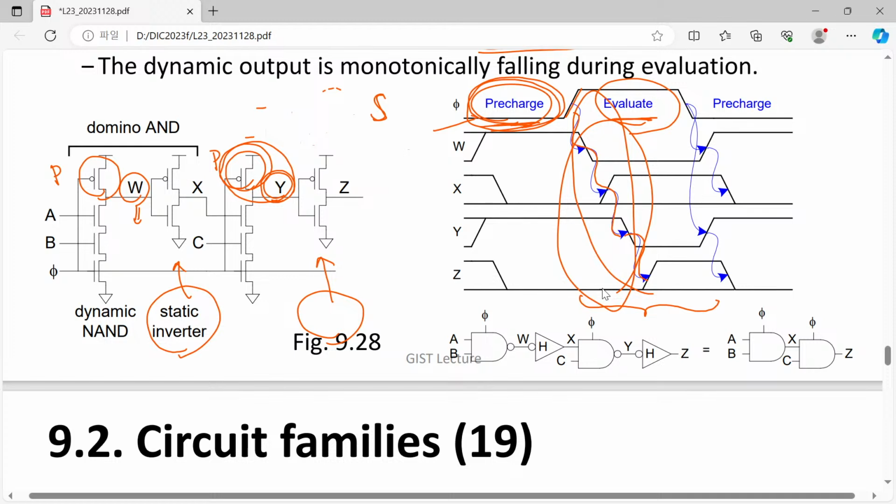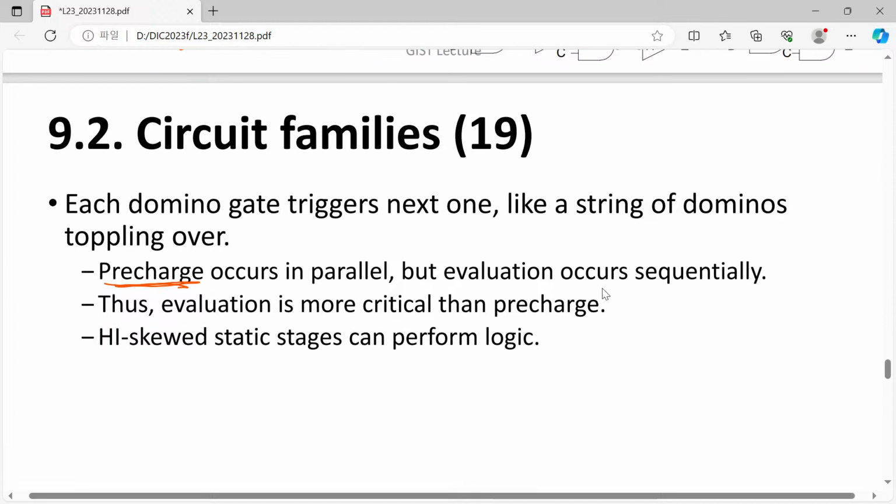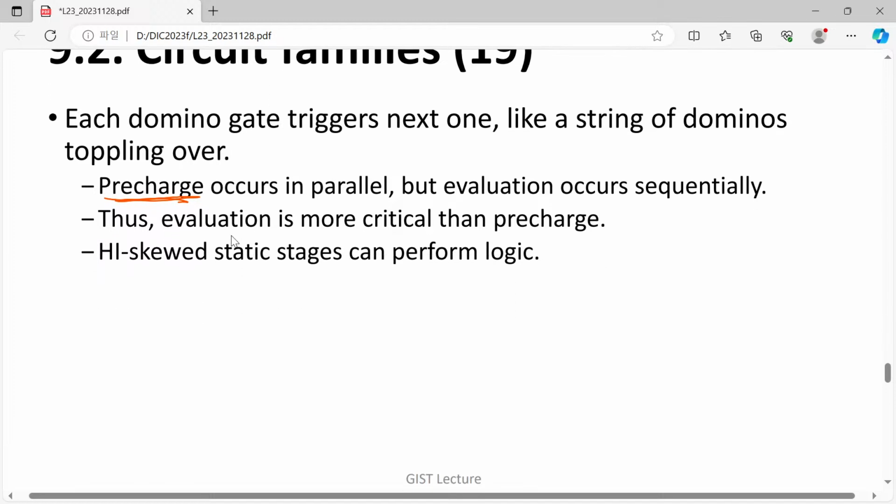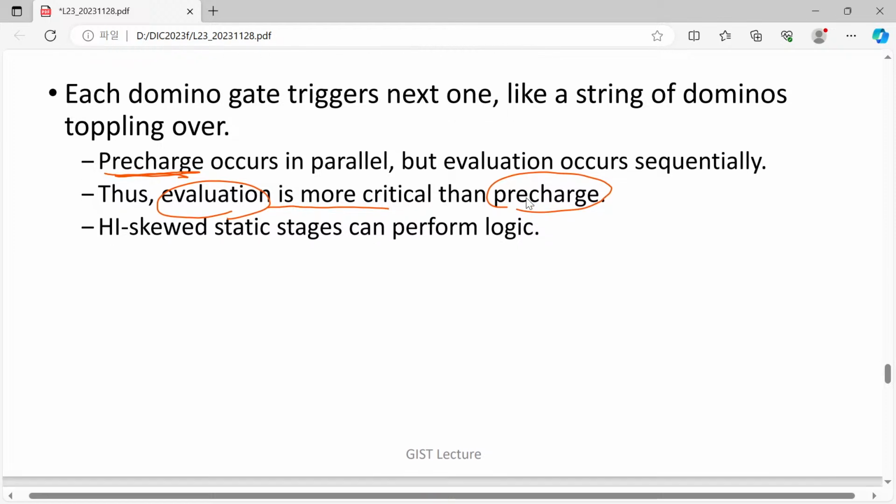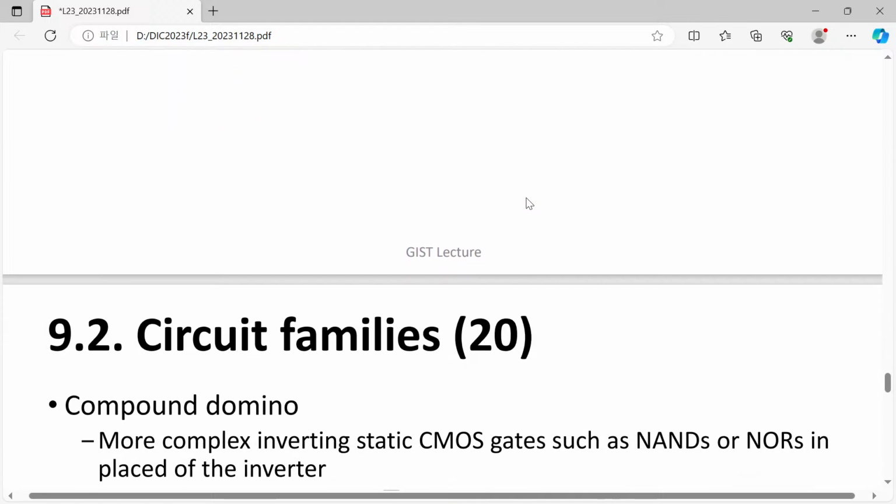Your pre-charge can be much slower because you have sufficient margin or time duration to pre-charge your individual output node. So therefore, evaluation is really critical in this case. However, pre-charge is not that critical, so you can use a relatively small P MOSFET to charge it.